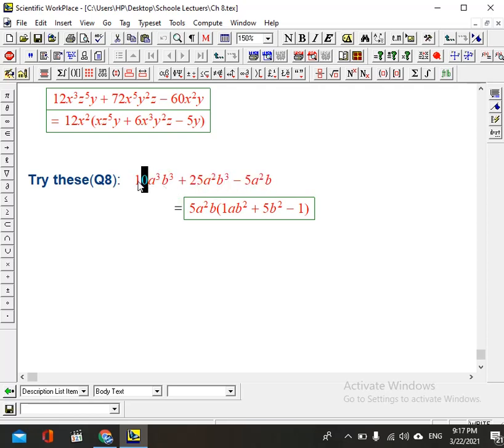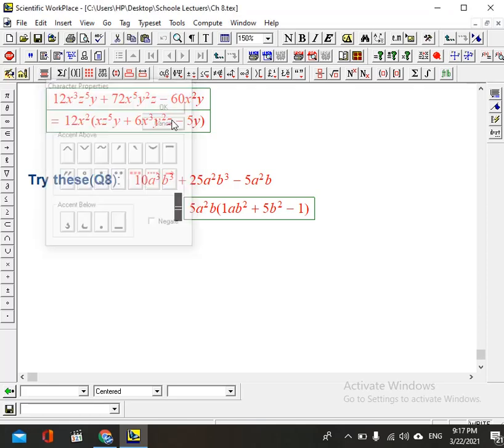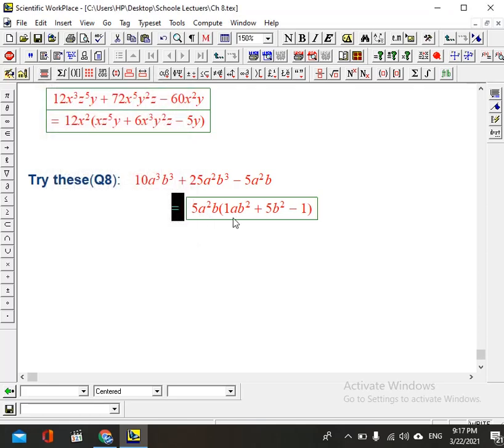The largest number which divides these coefficients, 5, 25, and 10, is 5. So 5 is the coefficient of the greatest common factor. And I will take the lowest power of the variables here, which is a squared and b. So finally, we see that 5a squared b is the greatest common factor.